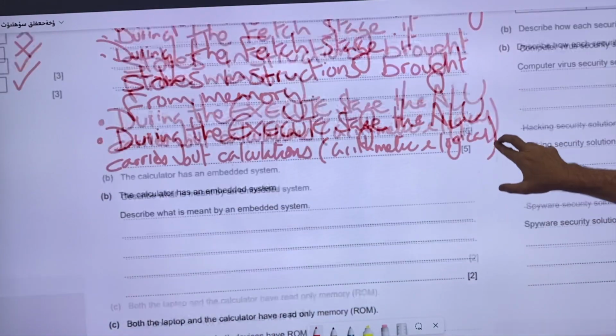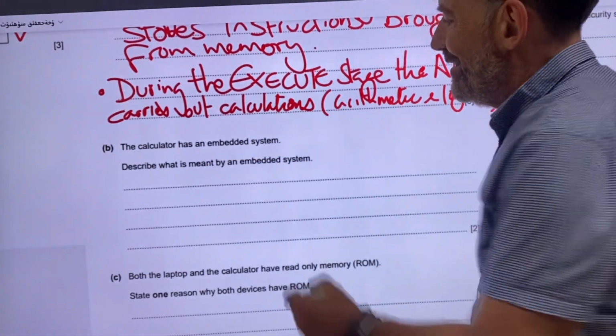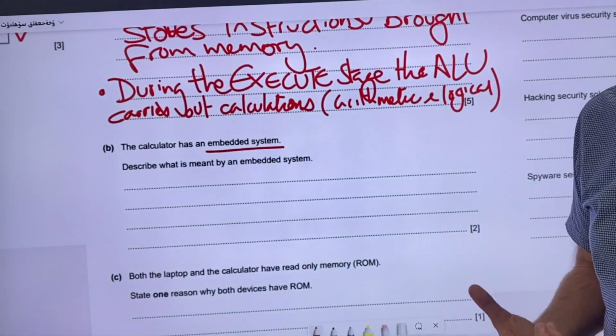Okay, for 2 marks, we can go into a bit more detail here. The calculator has an embedded system. Describe what is meant by an embedded system.